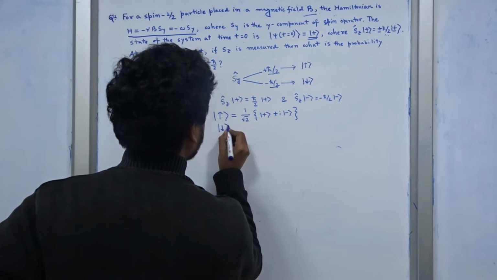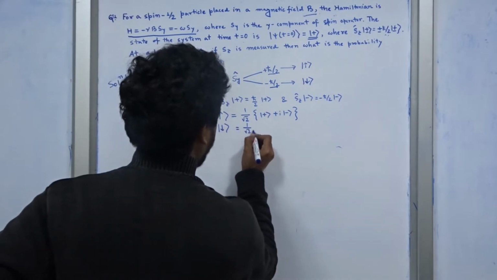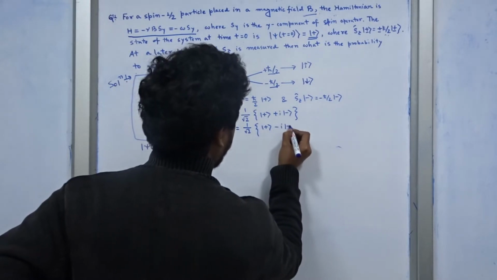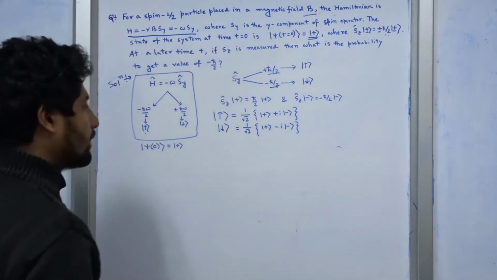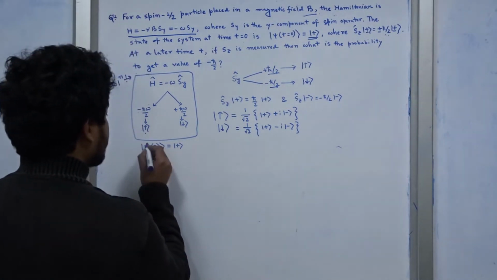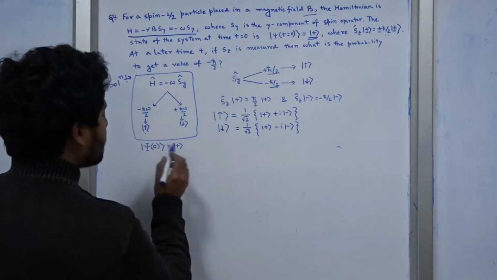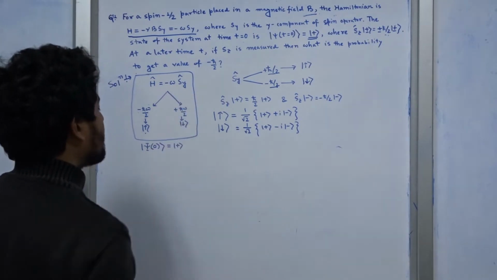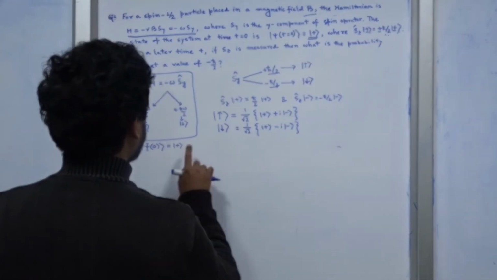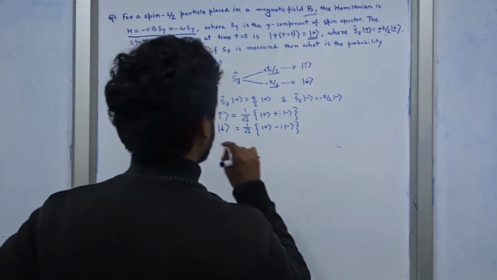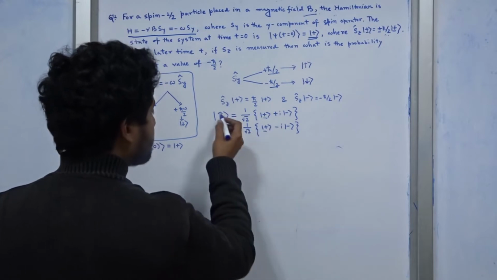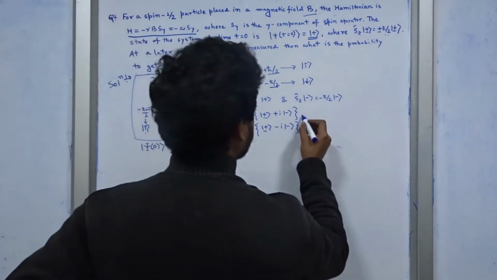Similarly, I can write this down state in this form. Now, my goal is to express this psi 0 in terms of the eigenstates of the Hamiltonian. For that, I just need to write this psi 0 in terms of up and down. So how? For that, I need to express this plus in the form of up and down. It is very easy.